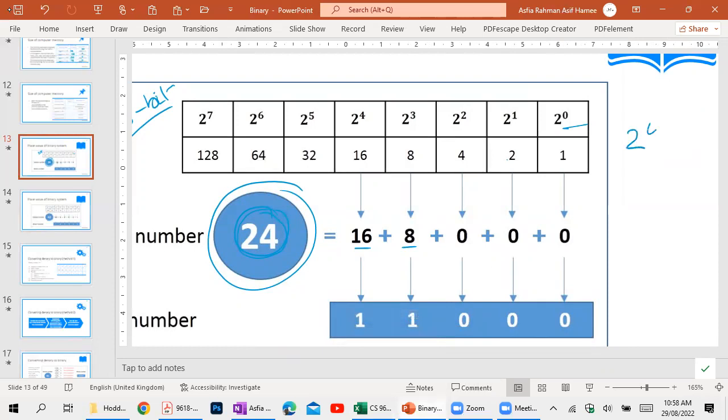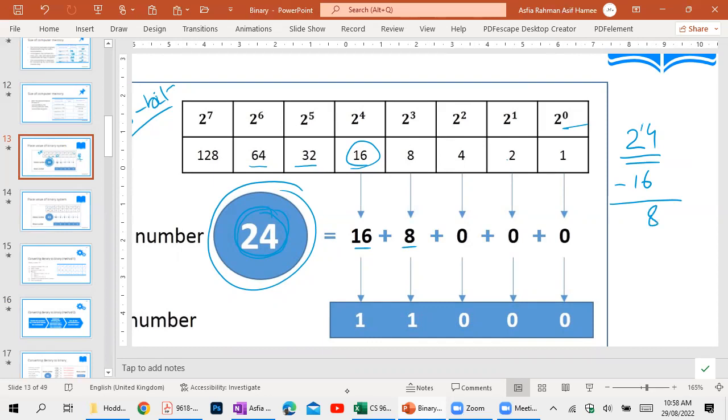You look at the decimal number 24, then find the smaller number from 24. Look at 64, 32, and then 16. We cannot assign 32 the value 1 because that would be higher than 24. So we are looking for the lower value, 16. Now we take 16 from 24. You subtract it. What is the result?